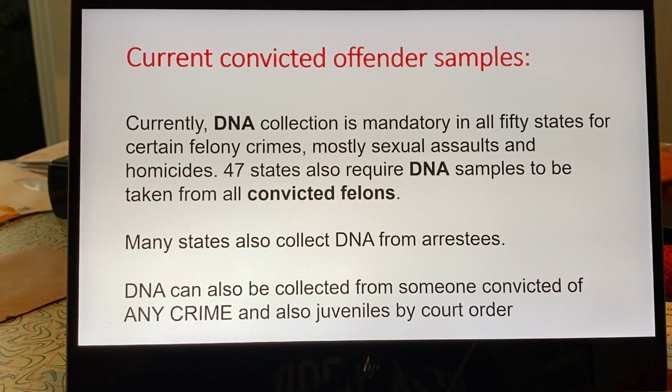So also, if a judge orders it, DNA can be collected from someone convicted of any crime, and also juveniles. And that's great because juveniles' DNA is not going to change during their lifetime. So if they become an adult offender, it's still going to match.